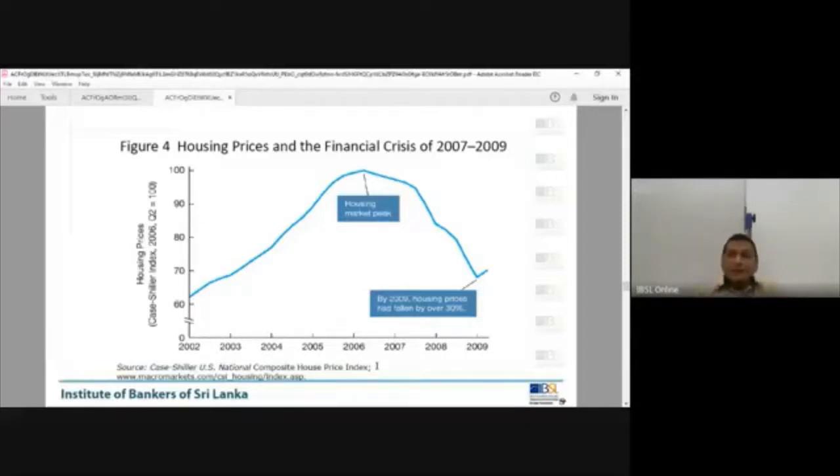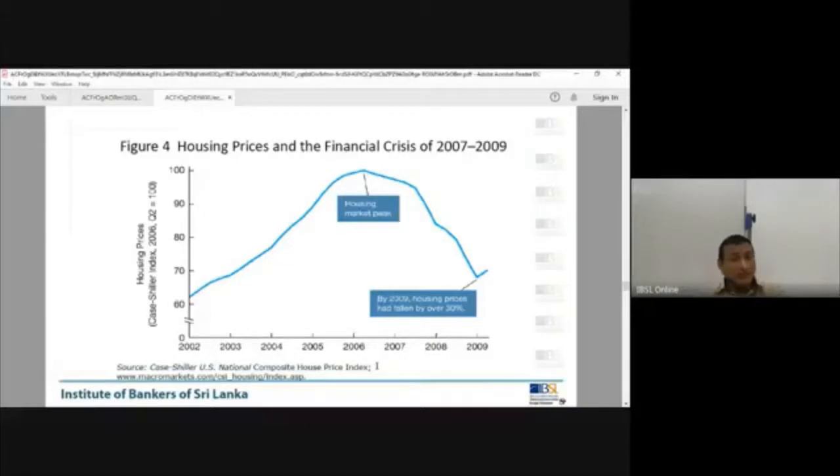And then you see the prices started crashing down, and by 2009 the prices dropped more than 30% of the peak due to the subprime market-driven financial crisis during this period.